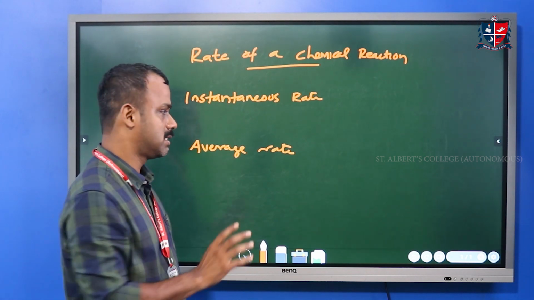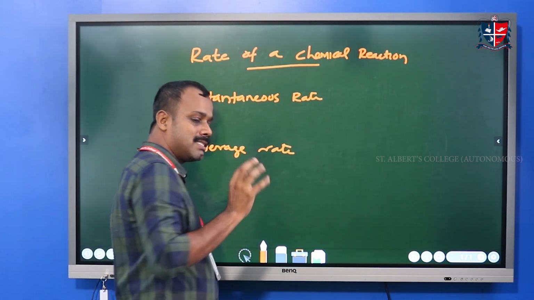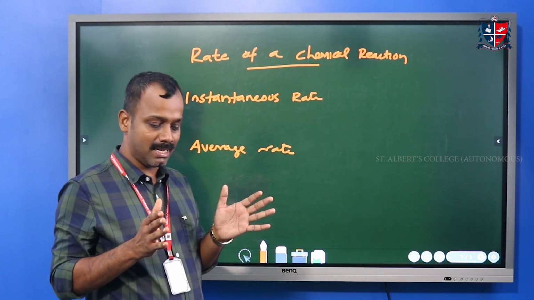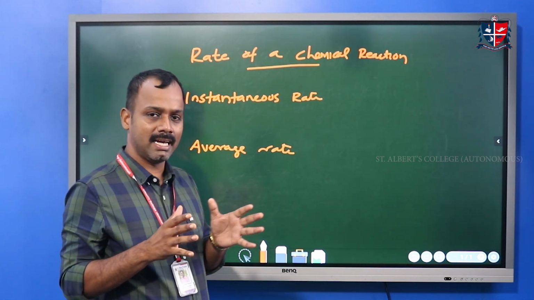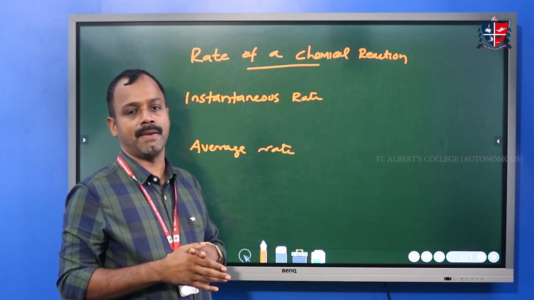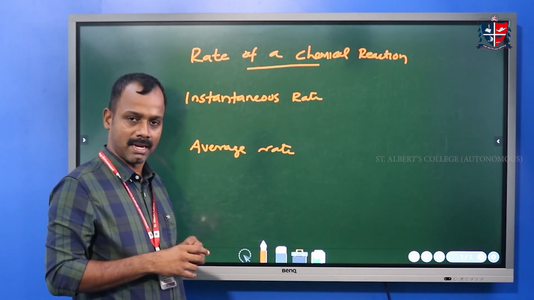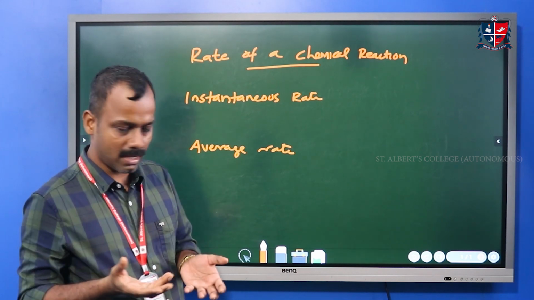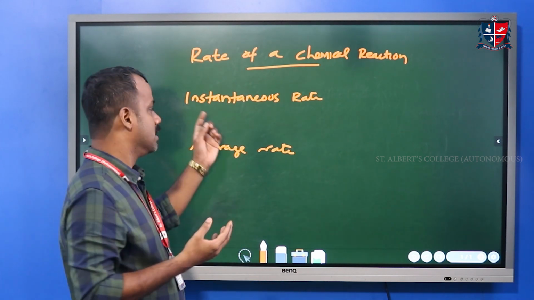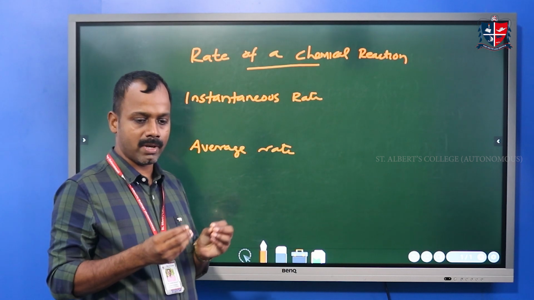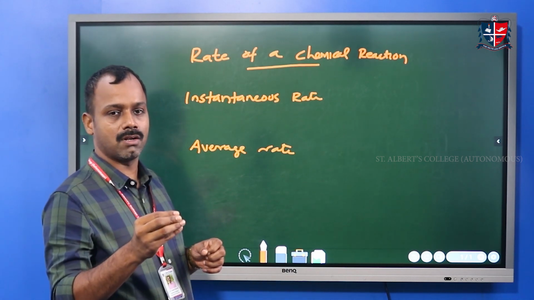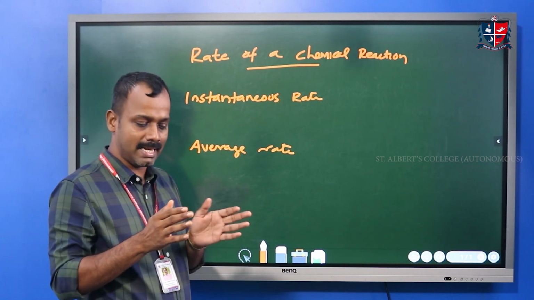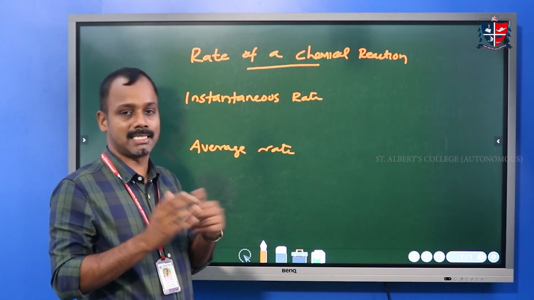Whereas average rate, from the word itself, is the rate of a chemical reaction over a regular interval of time. A rate of reaction can be instantaneous rate or average rate. Instantaneous rate is the rate at a particular instant of time, and average rate is the rate in a regular time interval.